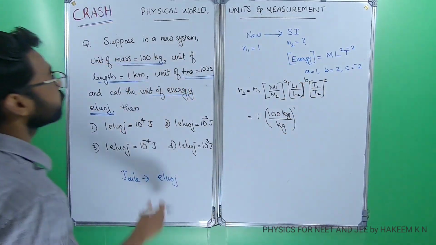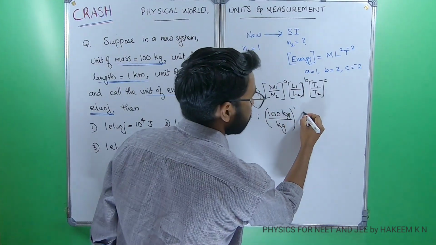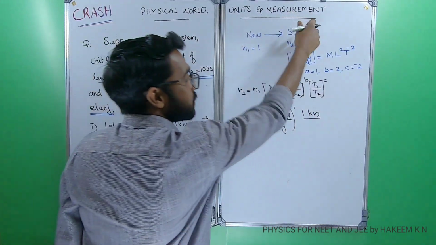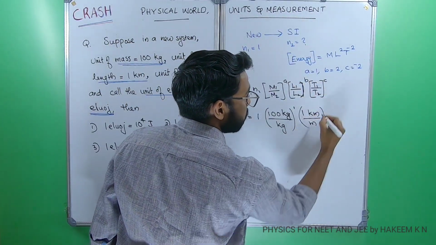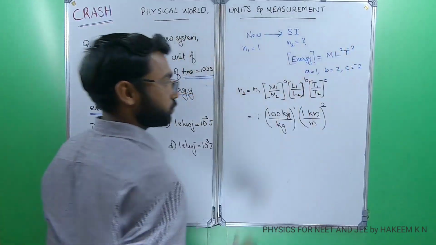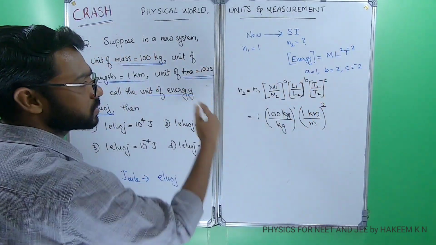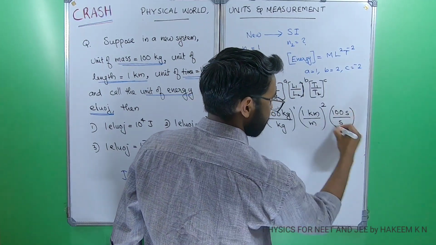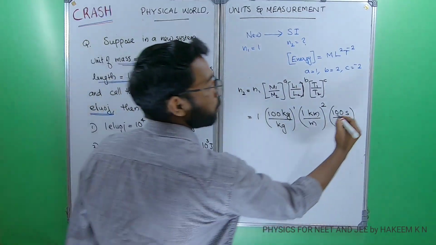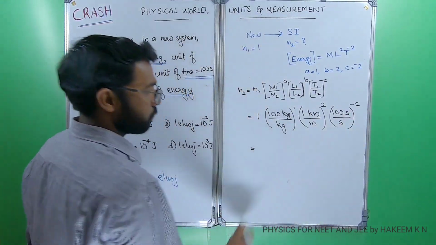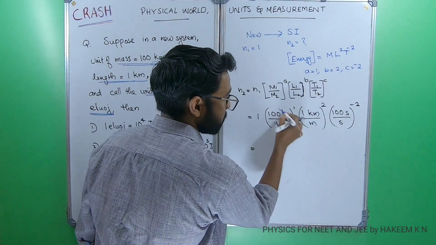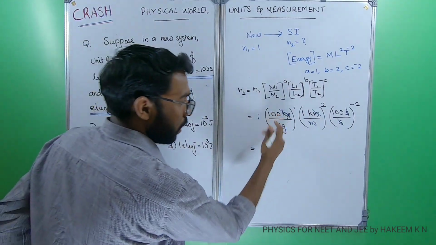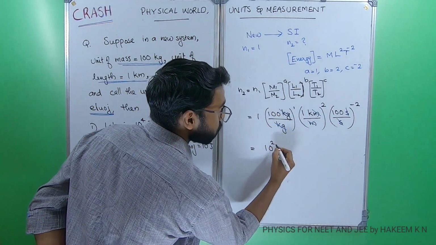And L1, unit of length in the first system, is 1 kilometer, divided by the unit of length in the second system, that is the SI system, meter, all raised to 2. And the unit of time in the first system is 100 seconds, divided by the unit of time in the SI system, second, all power minus 2. Then kilogram cancelled, meter cancelled, second cancelled. 100 is 10 square.